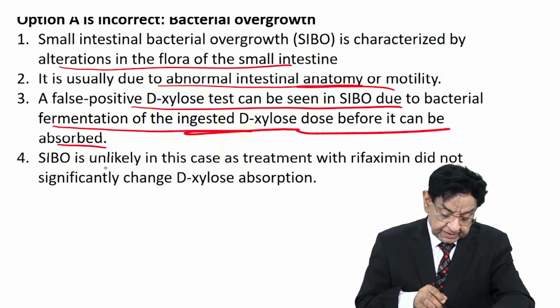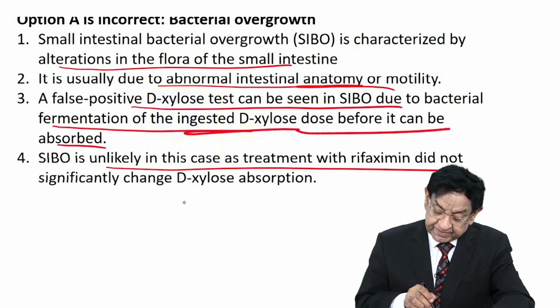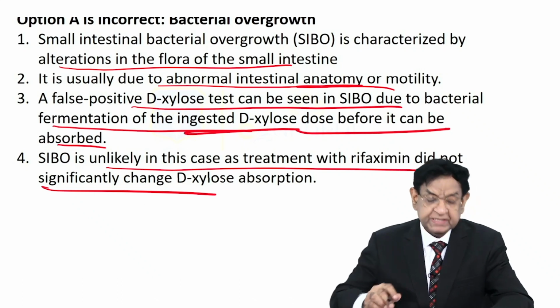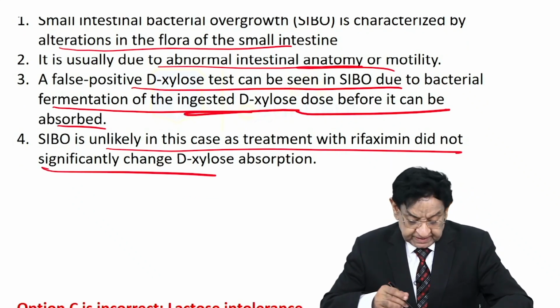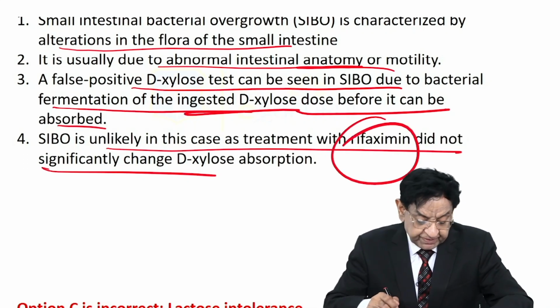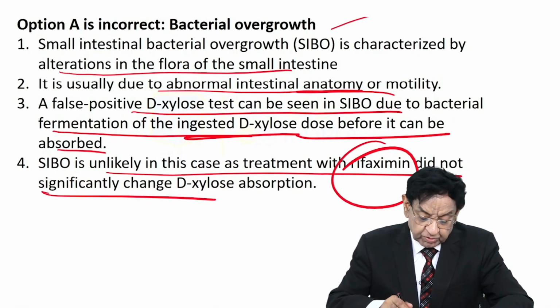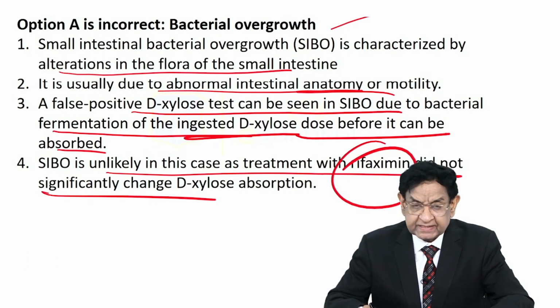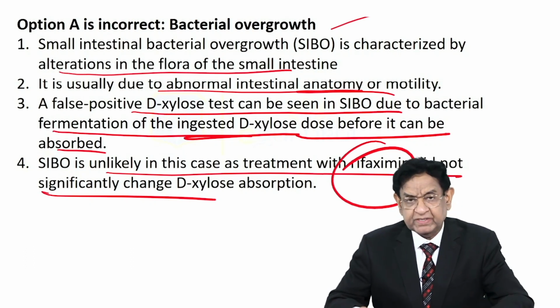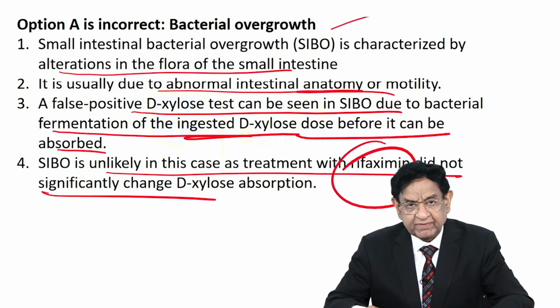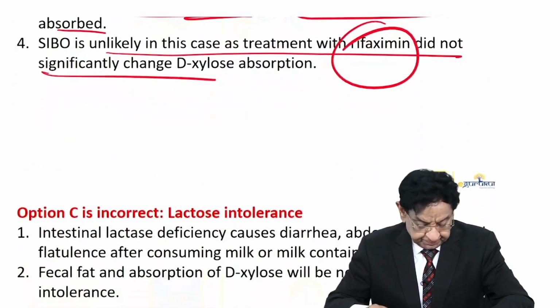So SIBO is unlikely in this case, as treatment with rifaximin did not significantly change the D-xylose. This antibiotic would take care of the bacteria if it was due to bacterial overgrowth, but even despite giving rifaximin, there was no change. D-xylose level was still low in urine.